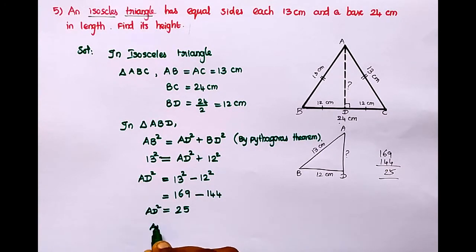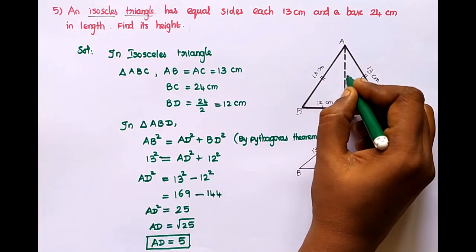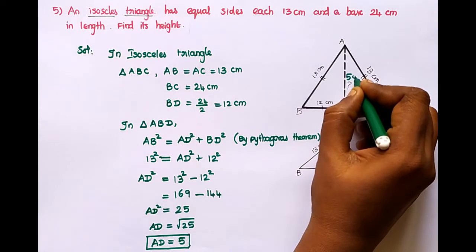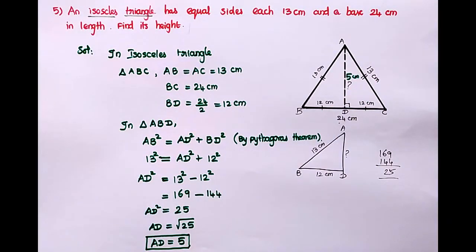So AD equal to how much? Root of 25. Here square means bring the side, it becomes square root. So AD equal to 5, 5 fives are 25. So 5 is the height of the triangle. That is 5 centimeter.